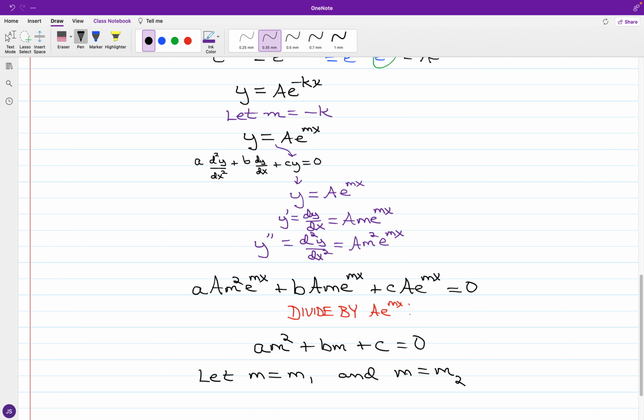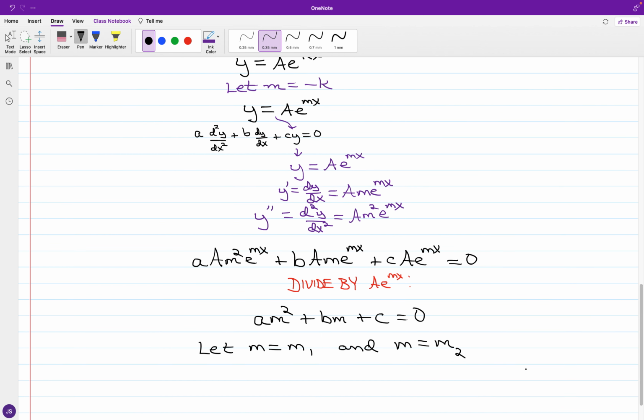You have your two solutions, x sub 1, x sub 2, same kind of thing here. So one solution is y is equal to a times e to the m sub 1x, and another solution is y is equal to b times e to the m sub 2x.